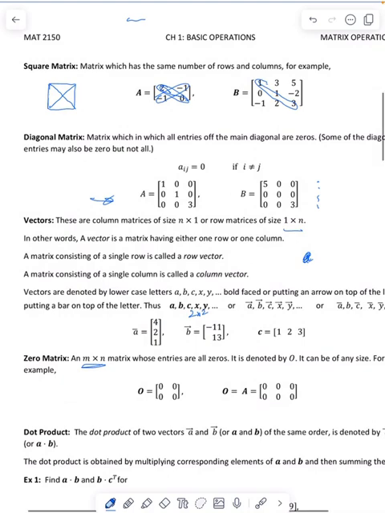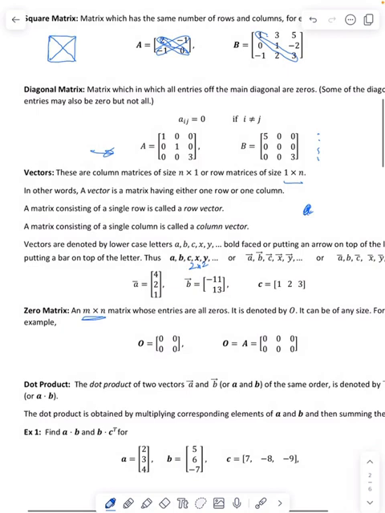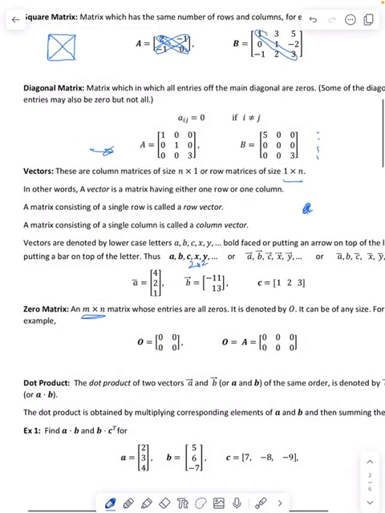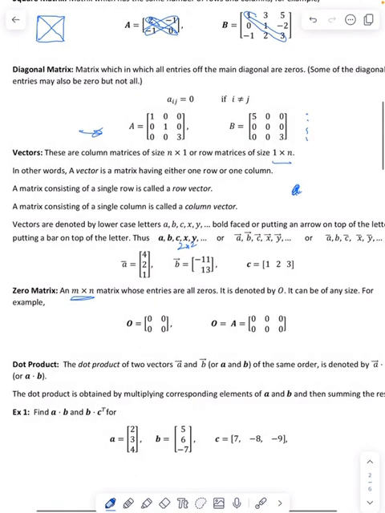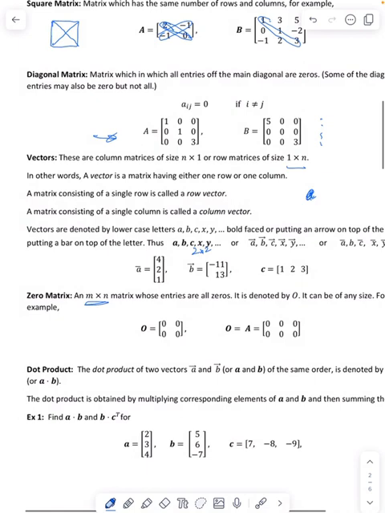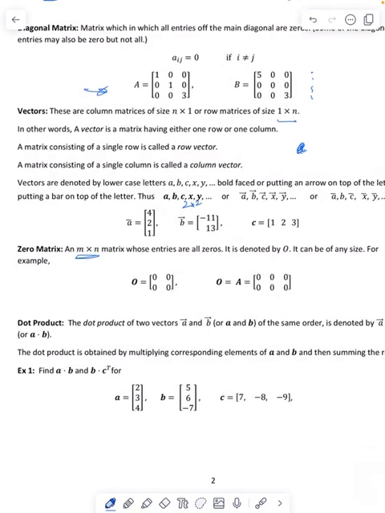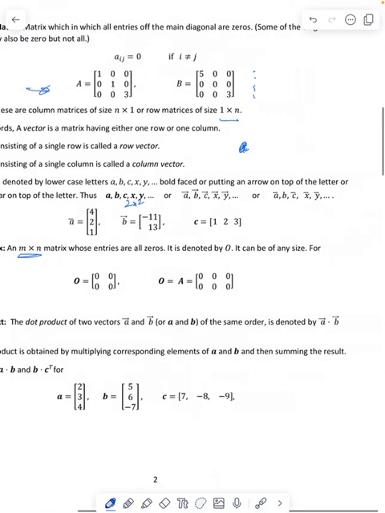The next thing is the dot product. We often talk of the dot product of vectors. We don't have a dot product of matrices in general. This is the dot product of column or row matrices, not other matrices. If A and B are of the same order, we denote the dot product as vector A dot vector B. That's why it's called a dot product.